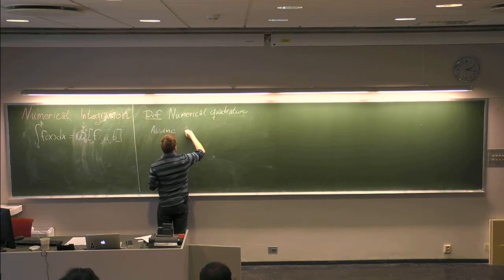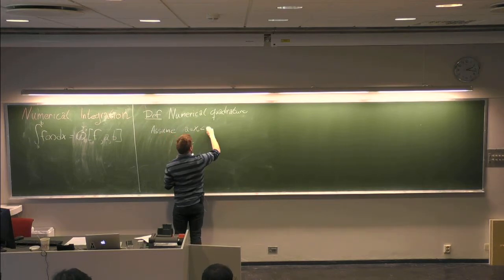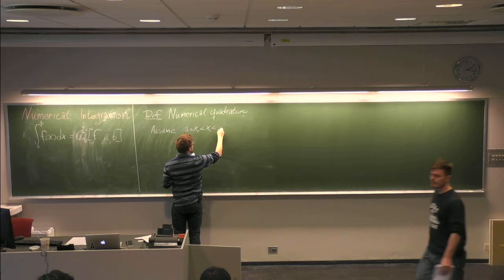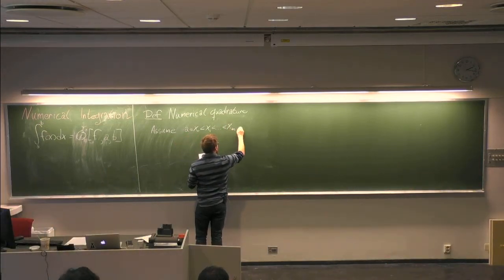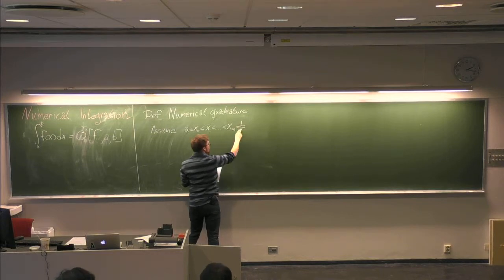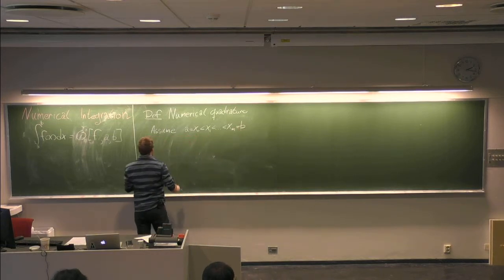We start with a, it's x0, then we get x1, so these are ordered neatly, and we stop with xm, which is the endpoint b.